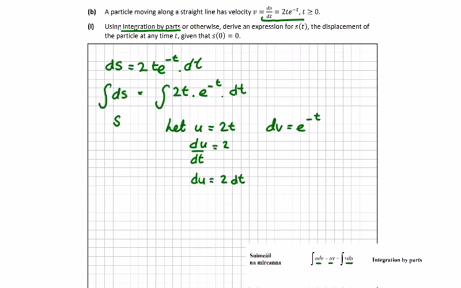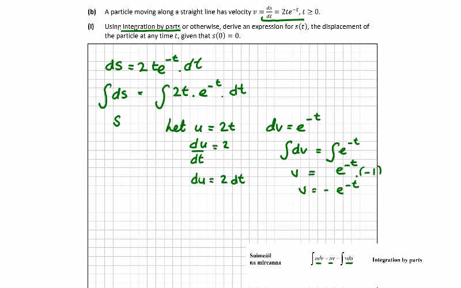And if we integrate dv, we'll get v. So we integrate e to the power of minus t, we'll get v is equal to e to the power of minus t times the minus 1, differentiating the minus t. So v is equal to minus e to the minus t.